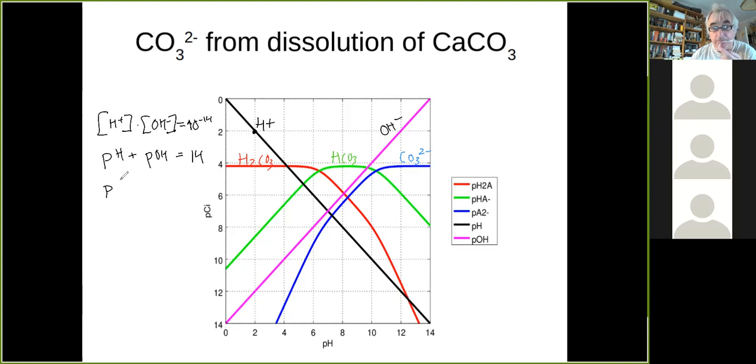Or you can say that pOH is 14 minus pH. So if this H plus line slopes like that, the OH line should have an opposite slope. pOH is a negative value times pH plus a constant 14.